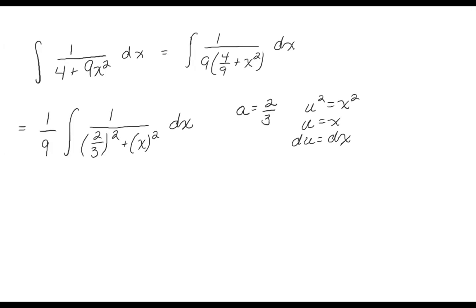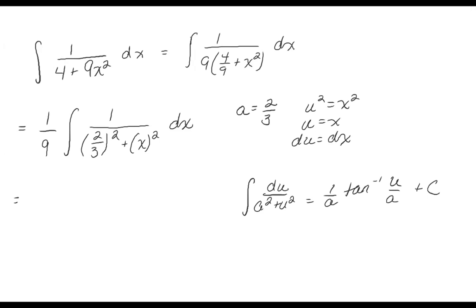Yep. And that formula said integral du over a squared plus u squared, since we can't see that screen anymore, is 1 over a tangent inverse u over a plus c.